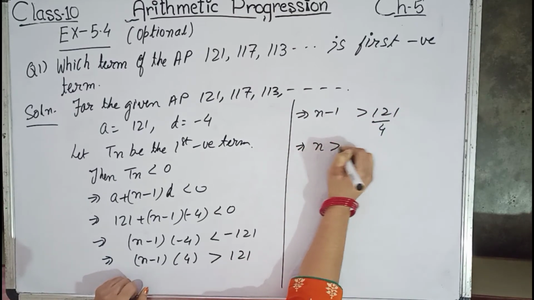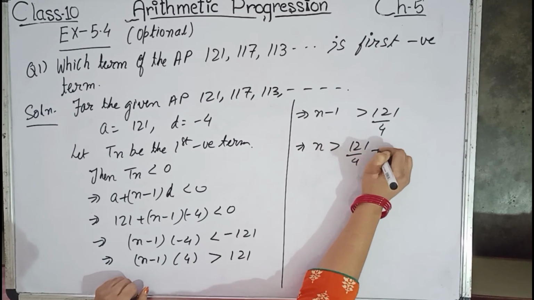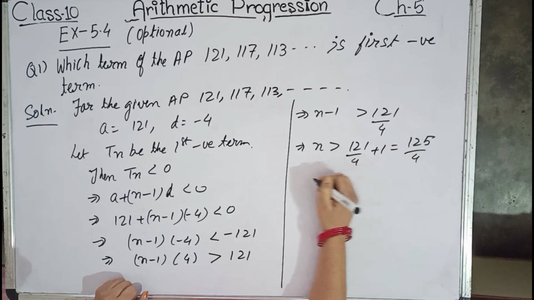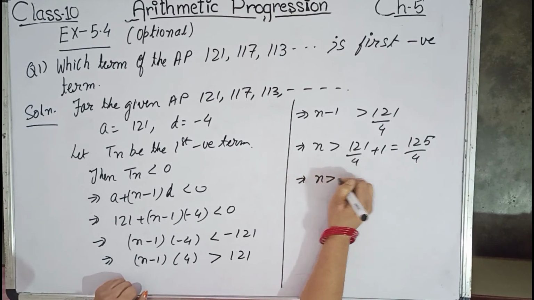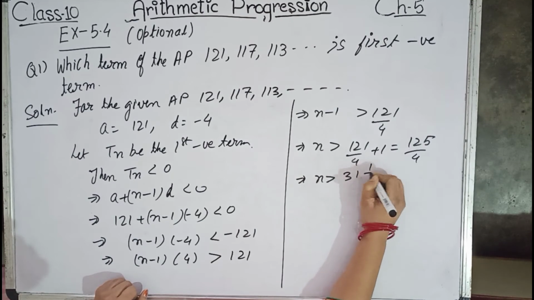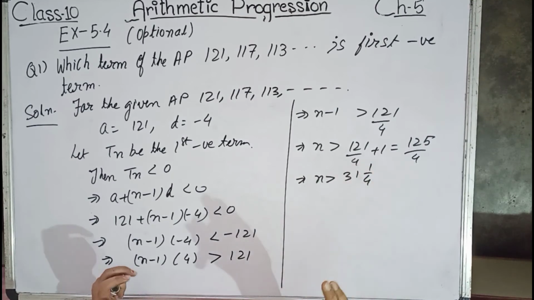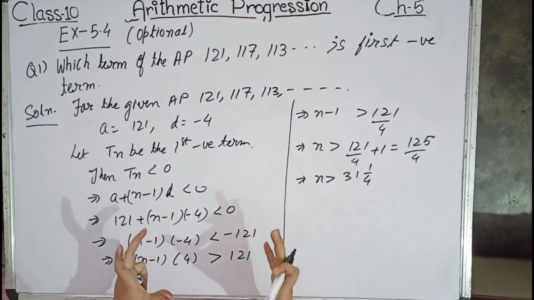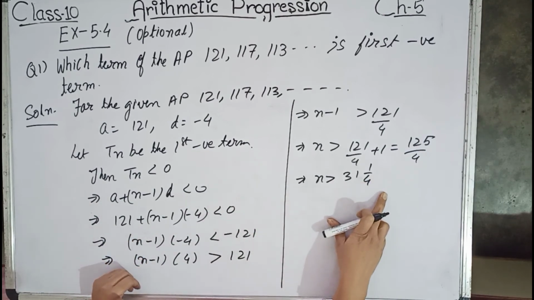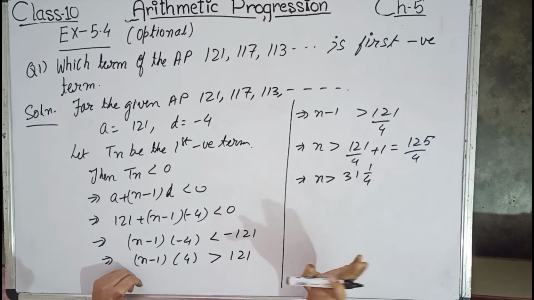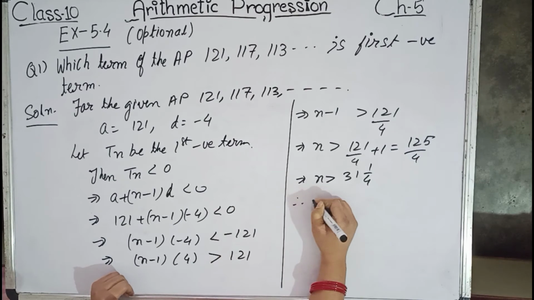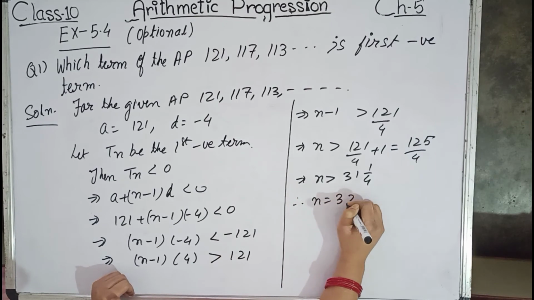This implies n is greater than 121 by 4 plus 1, which will be 125 by 4. This implies n is greater than 31 1 by 4. So the term just greater than 31 1 by 4. Obviously 31 1 by 4 is not any term. Therefore n equals 32.